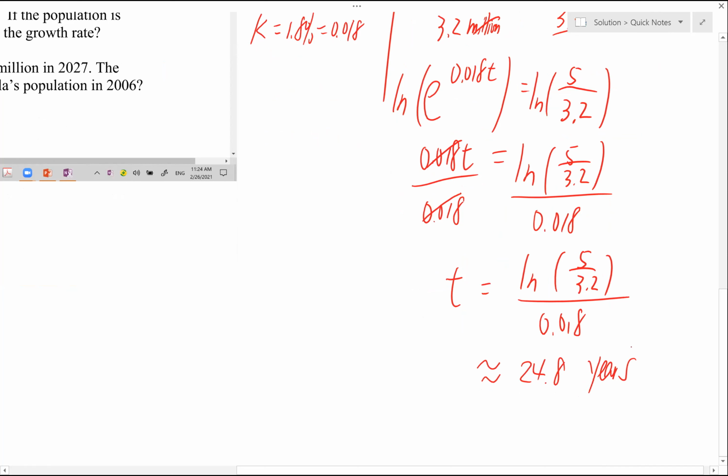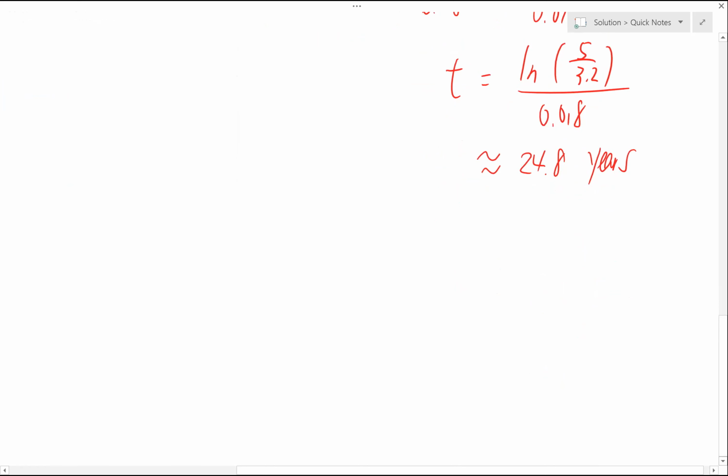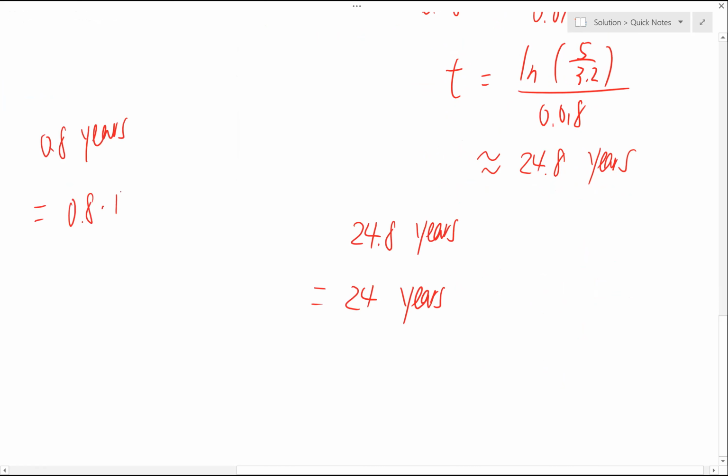If people want a slightly more accurate answer, we can take 24 years and then decompose the 0.8 years into months and days. So 24.8 years is 24 years plus 0.8 years. Since 1 year equals 12 months, 0.8 times 12 is 9.6 months.